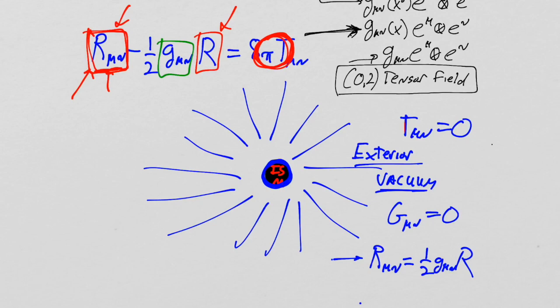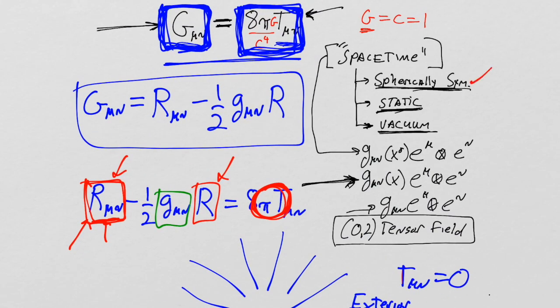So ultimately, this now becomes our equation in this form here, and we can now proceed with enforcing the other two, the spherically symmetric and the static.